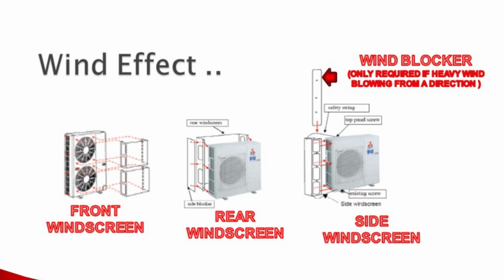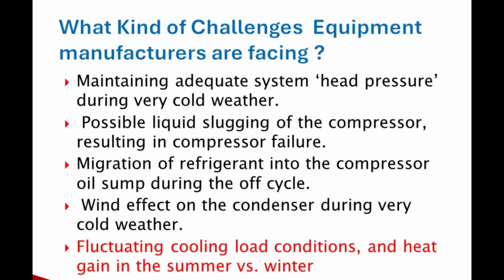In installations where the condensing unit is outdoors in an exposed and unprotected location, additional wind protection is necessary. The slide displays the front, rear, and side wind screens. A wind blocker is necessary only when there is a strong wind coming from one direction, and you want to block that specific side.